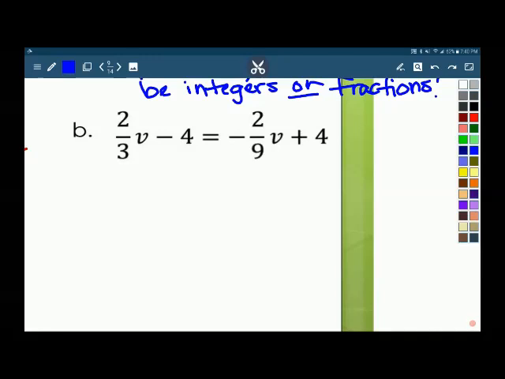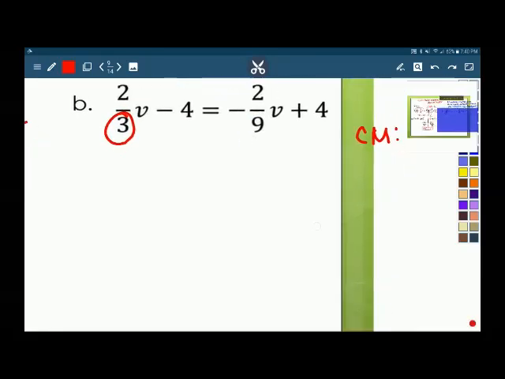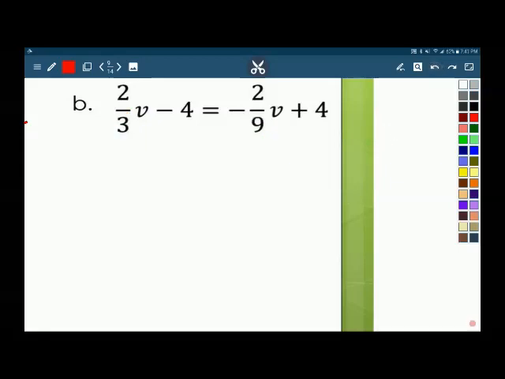Okay, so on this one, usually in order to find a common multiple, you can just multiply the two denominators together. 3 times 9 is 27. Okay, but that's a really large number. You could also try to come up with the LCD, the least common denominator, not multiple.